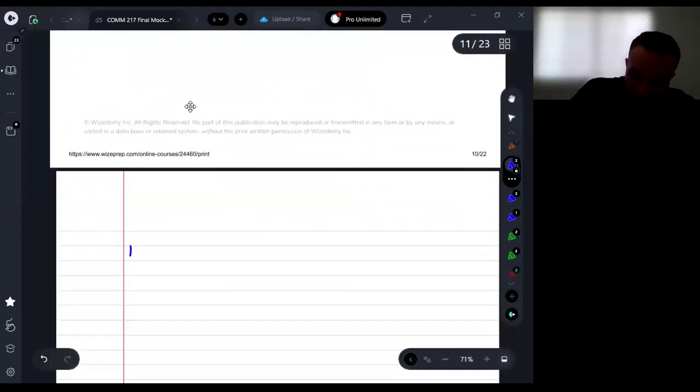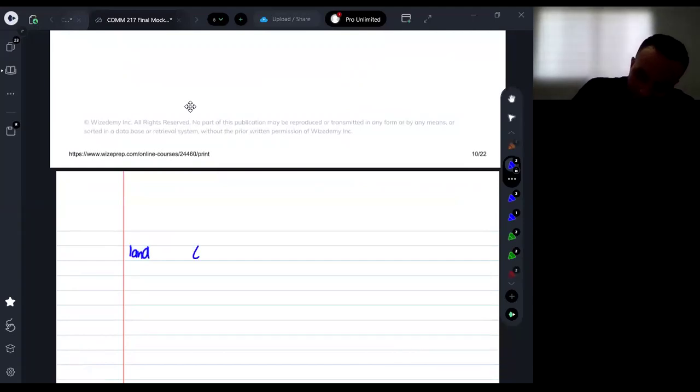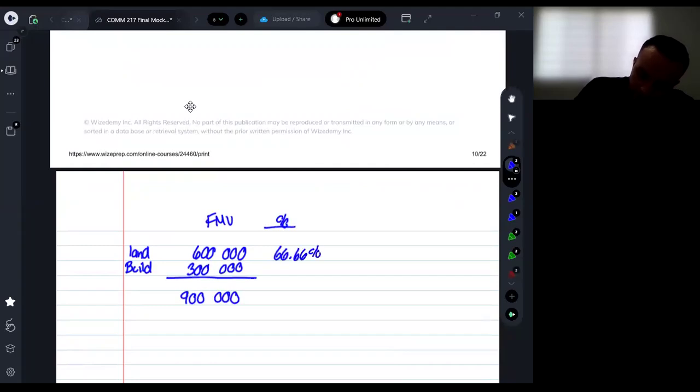We have land worth 600,000 and the building worth 300,000. We look at fair market value and take the percentage. This is 66.66%, 33.33%, and the price of both was 840.